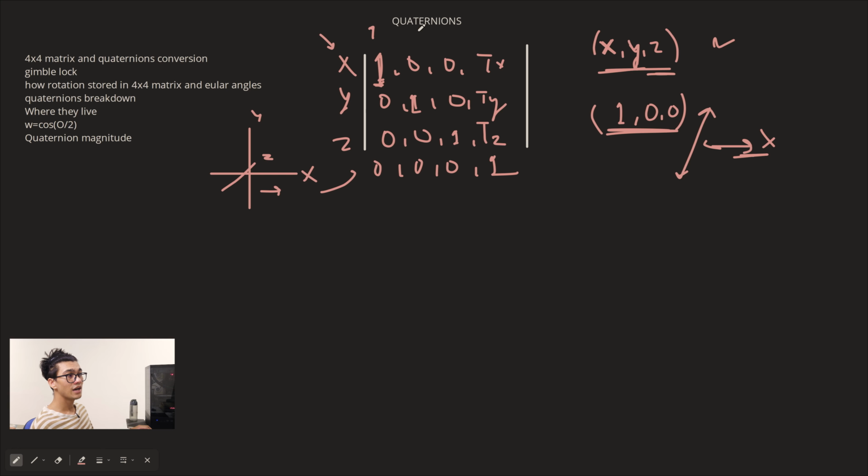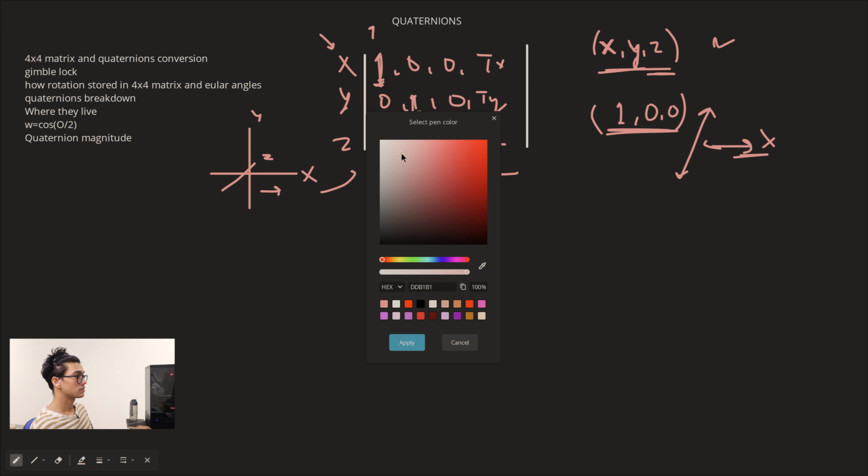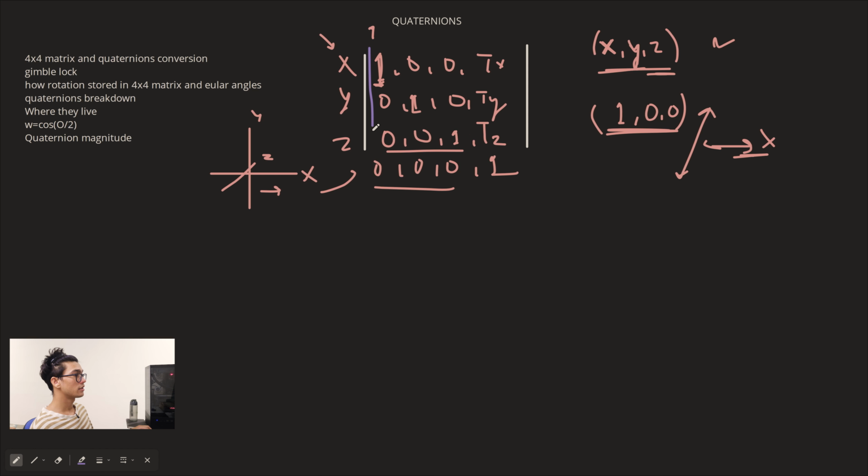So I have this 4 by 4 matrix, right? And when I say this 3 by 3 part, I will just say in a different color, when I'm saying that this part is for rotation, scale, and orientation, I talked about this, right?